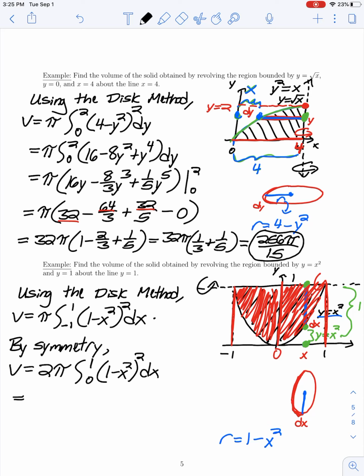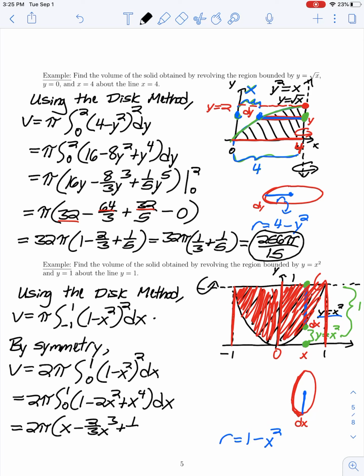So let's see what we have. We've got 2 pi times the integral from 0 to 1 of, if we expand (1 minus x squared) squared, 1 minus 2x squared plus x to the 4th dx. So we now have 2 pi times the antiderivative of this function, which is x minus 2/3 x cubed plus 1/5 x to the 5th, from 0 to 1.